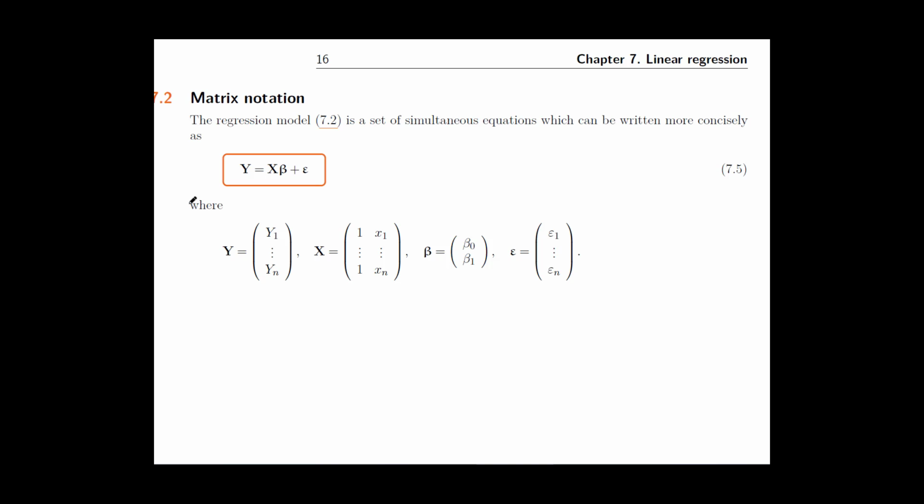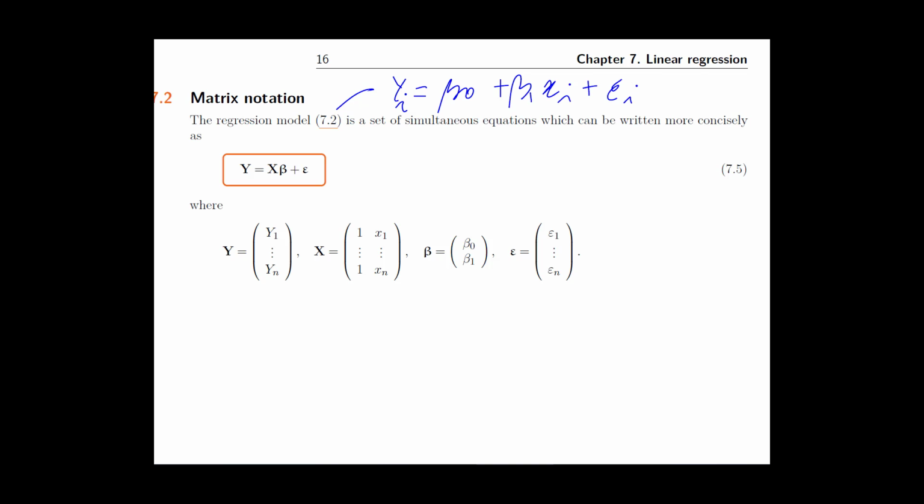All right, so the model 7.2, with a single variable x, is yi equals beta naught plus beta 1 xi plus ei.